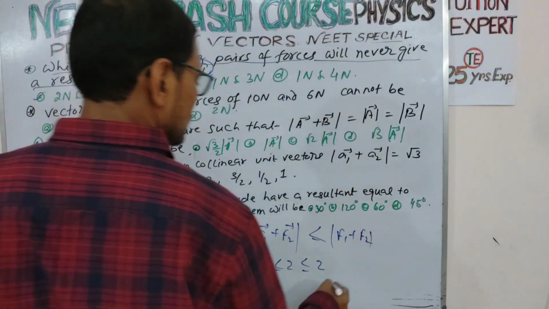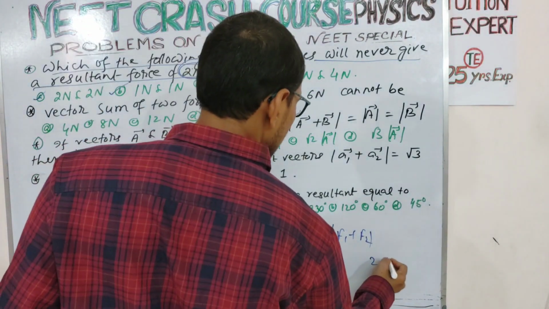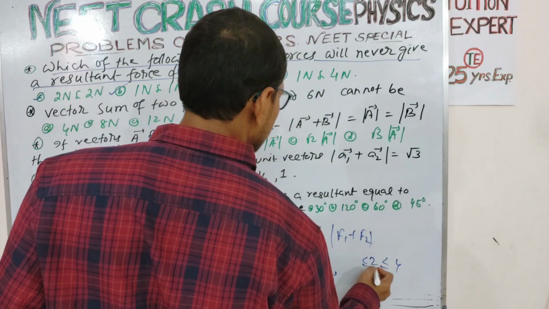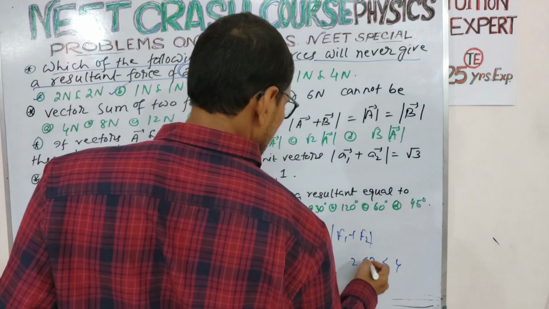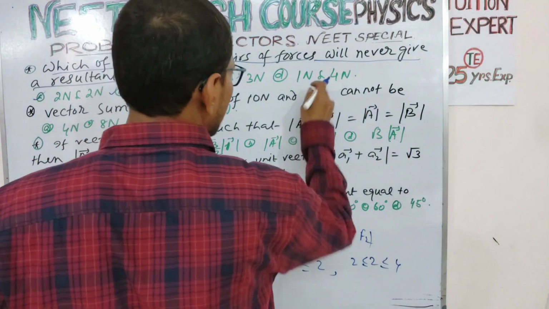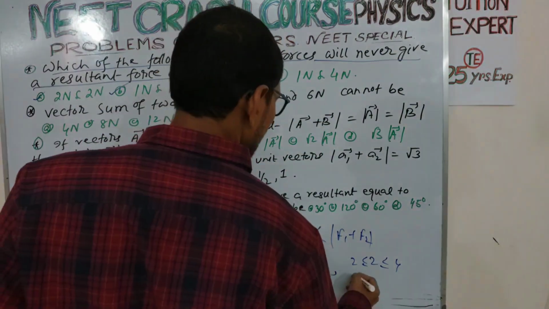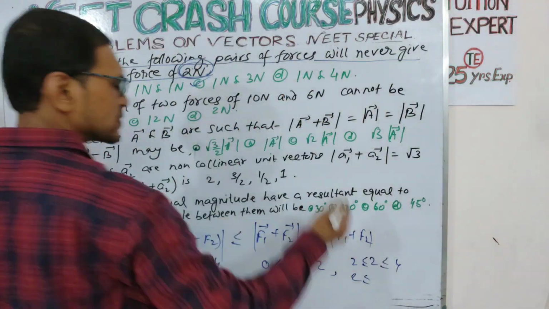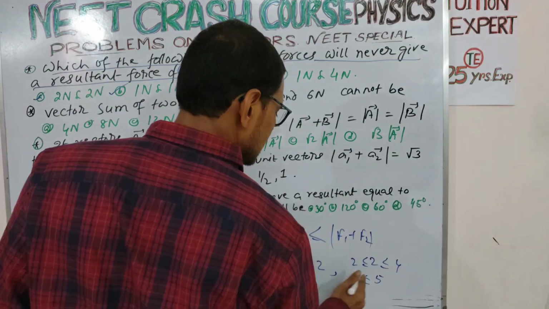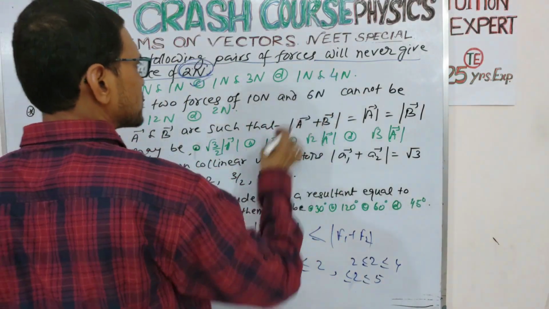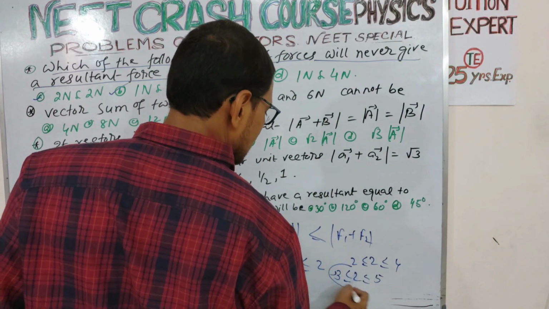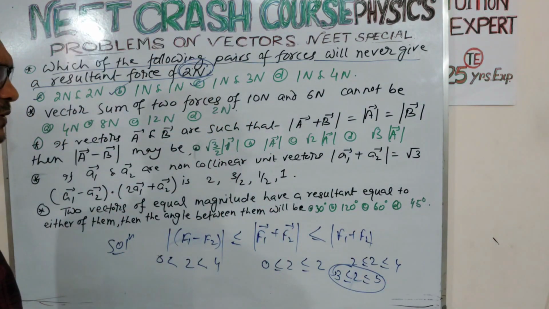And 1 plus 3: 2 is less than or equal to 1 plus 3, which is 4, and greater than or equal to 3 minus 1, which is 2. So this is also satisfied. And if we take 1 plus 4, then 2 is less than or equal to 5, so this is okay. But if we subtract 4 minus 1, it is 3, so this cannot be satisfied.